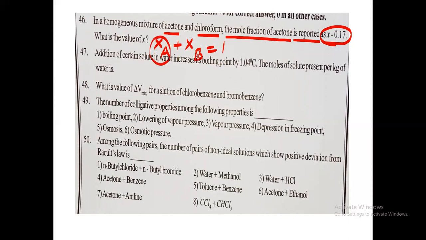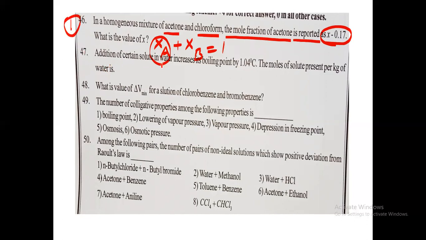So this concept is used here. The sum of mole fractions of solute and solvent must be equal to unity. Therefore, X minus 0.17 means 1 minus 0.17 should be taken as mole fraction of one component. So the answer is 1.